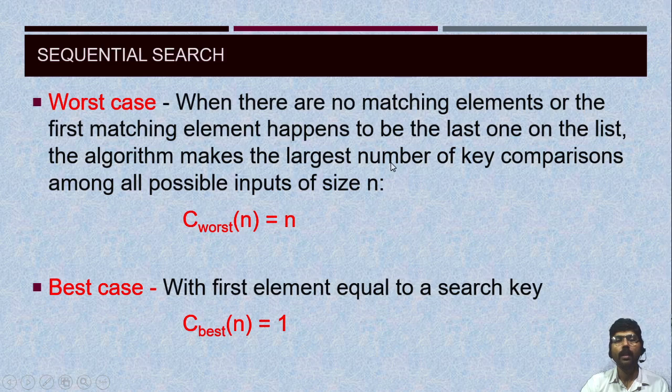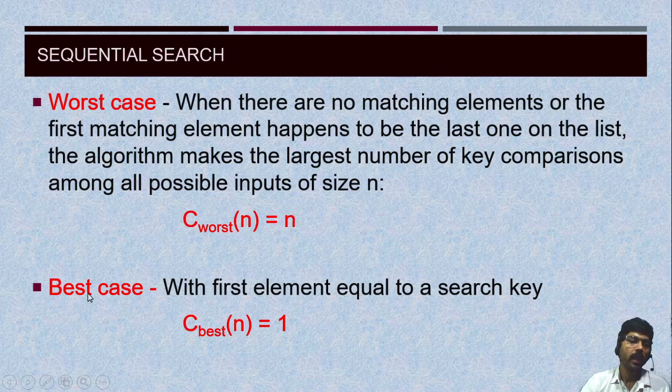That means the number of key comparisons is more when the element is at the last position, or the key value is not found in the array. It can be represented as C worst of n is equal to n. That means it will take n number of times, linear.